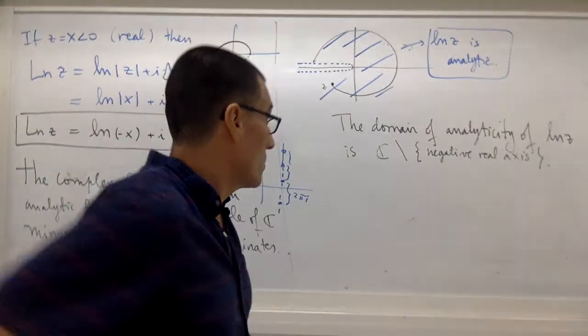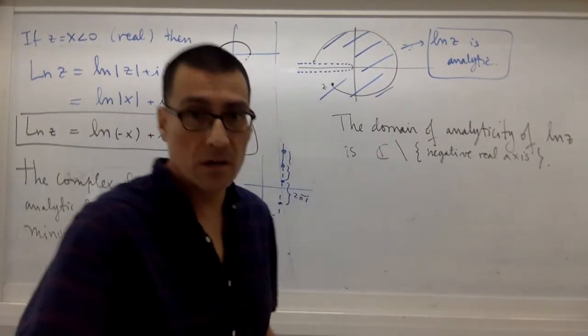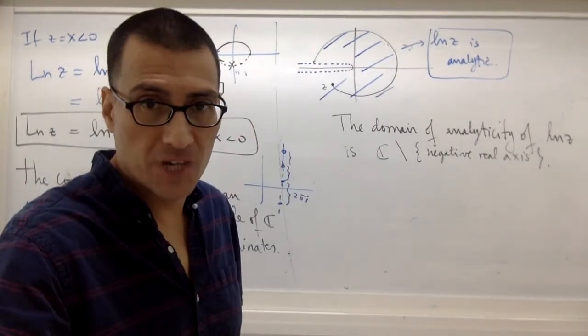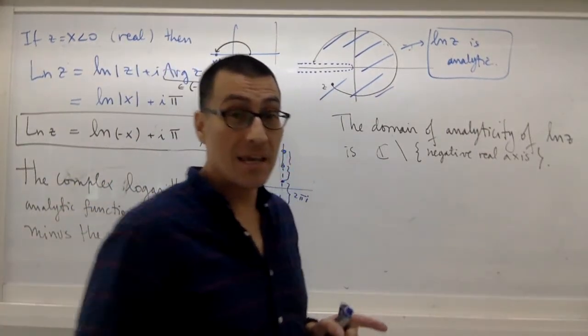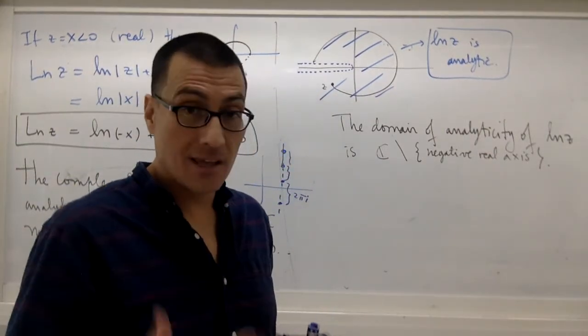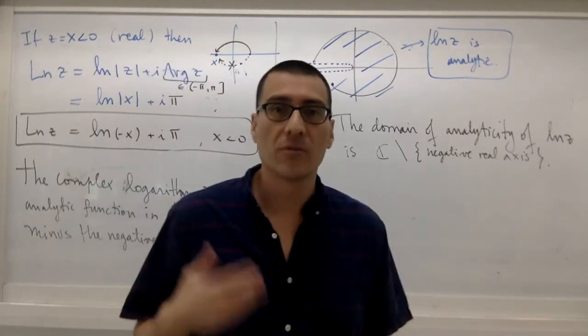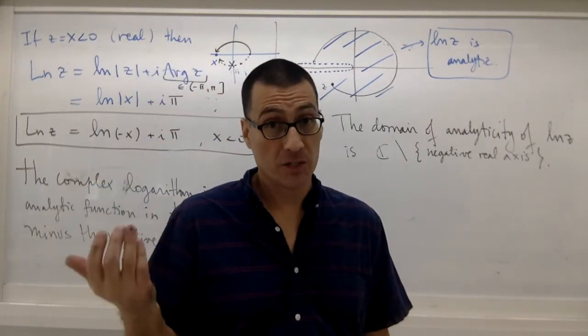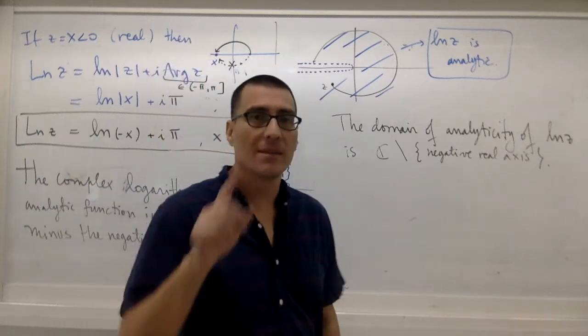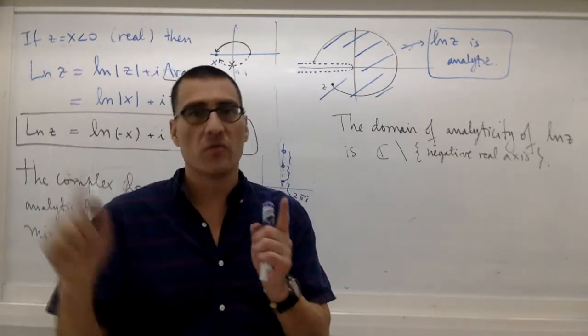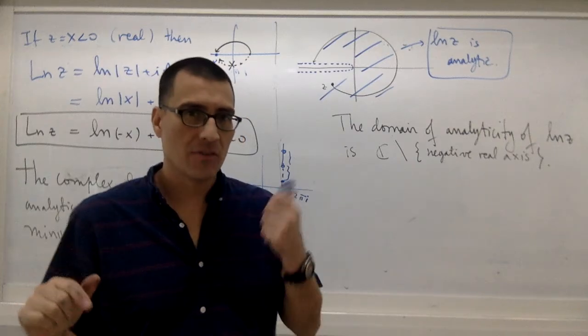All right. So we have this situation where we have a multi-valued function. We know the domain of analyticity of this function, and it extends the real logarithm. In the real world, we know that the derivative of the logarithm of x is 1 over x. Does the same thing happen here?